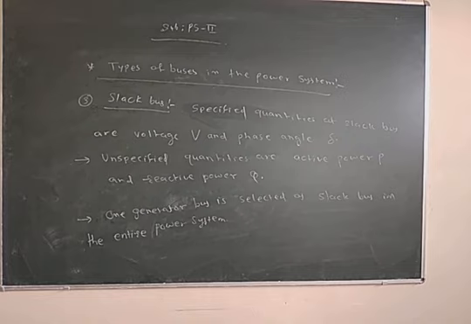In our entire power system, we select a generator bus as a slack bus. Here specified quantities are voltage and phase angle, and unspecified quantities are active power P and reactive power Q. So these are the types of buses in our power system.